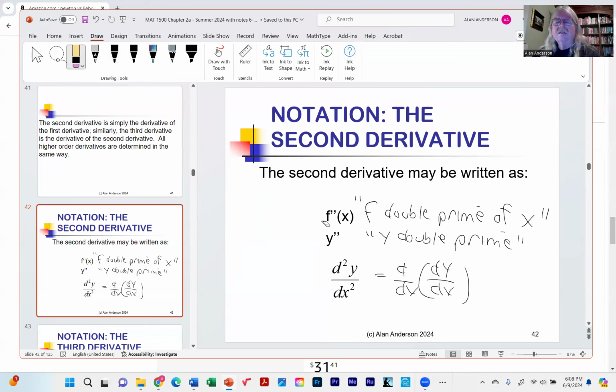That looks like a very odd notation. This differential notation, this is where we get this from. Okay. So if you're wondering why it's d squared y over dx squared, this is why, because this is what you're actually doing. And then, of course, we need more notation for the third derivative.